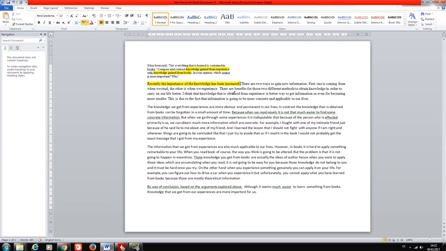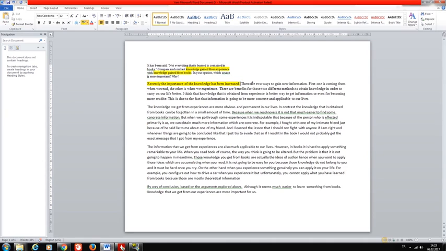That's why you need to pick a general subject to start off with, and then you start narrowing it down. It always goes from the general statement to the specific one that you're going to be talking about in your body paragraphs.